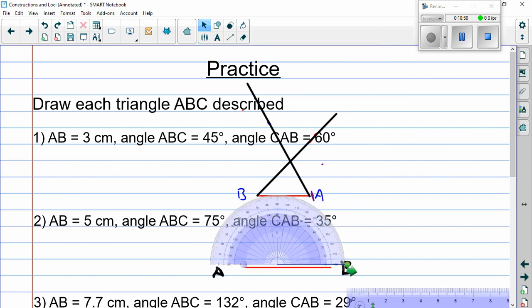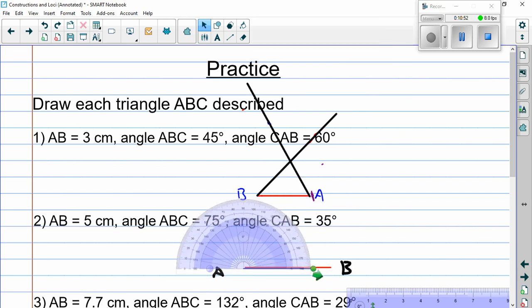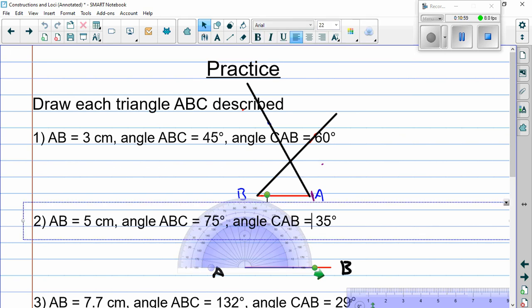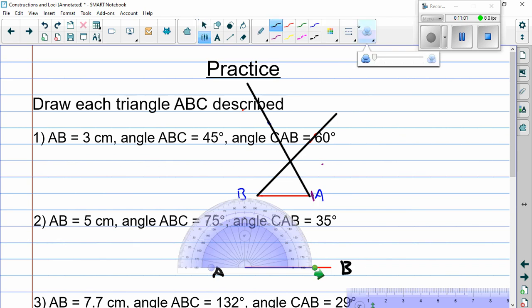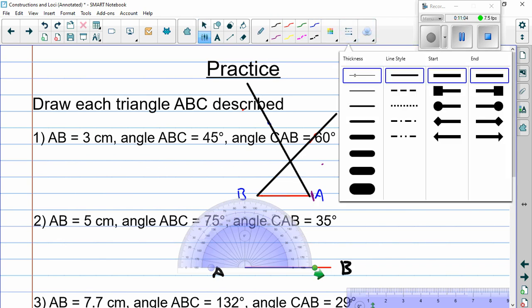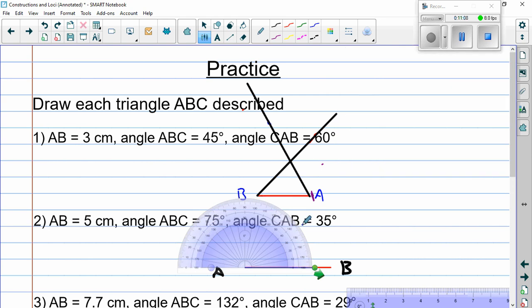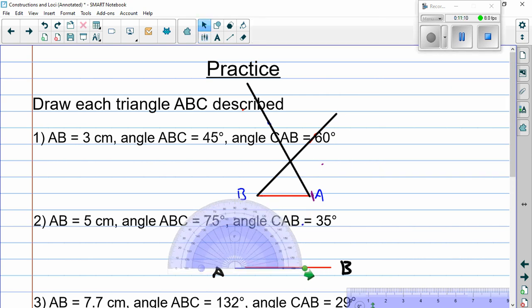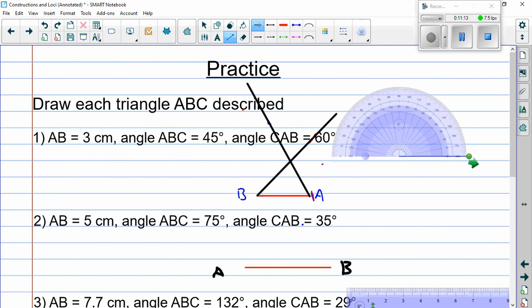Then next one, we have CAB is 35 degrees, so the point A, and then we're looking at 30 and 5. So 35, just right there. Get rid of our protractor, grab our straight edge, and I'm going to connect this point first, and this point second. So it actually doesn't have to be that big.